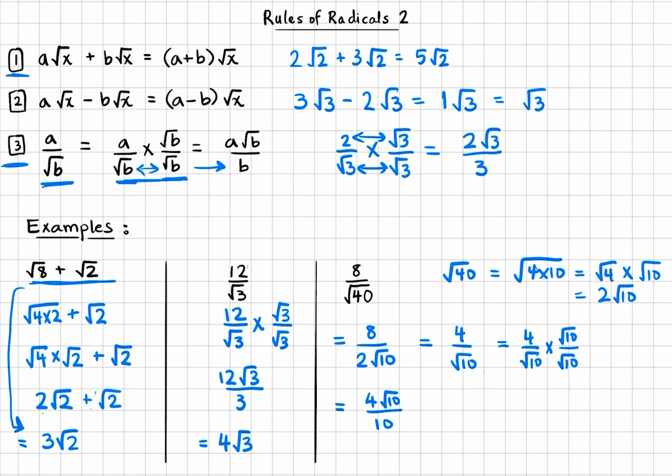And finally, I can just simplify the fraction here by doing a common factor that's 2 between 4 and 10. So I'm dividing 4 by 2 and 10 by 2, which would give us 2 square root of 10 divided by 5. And that's it.